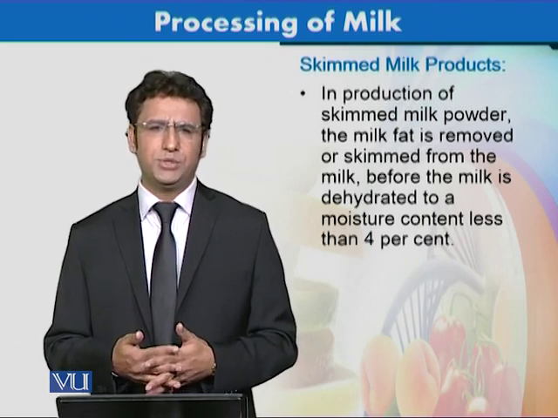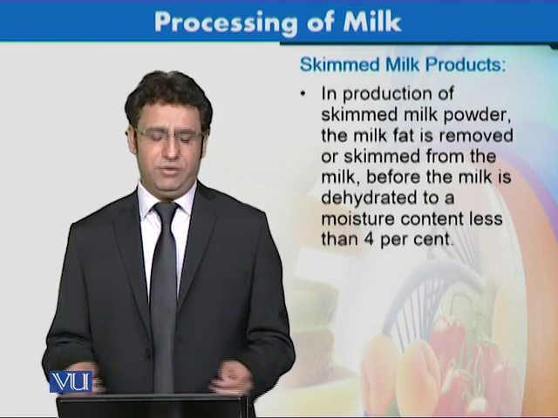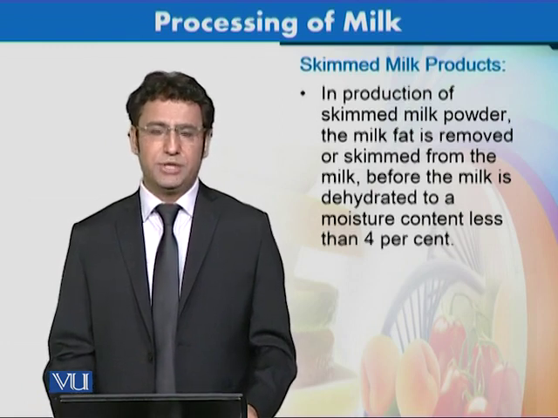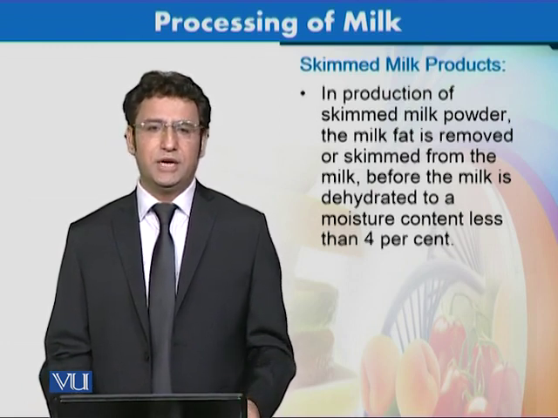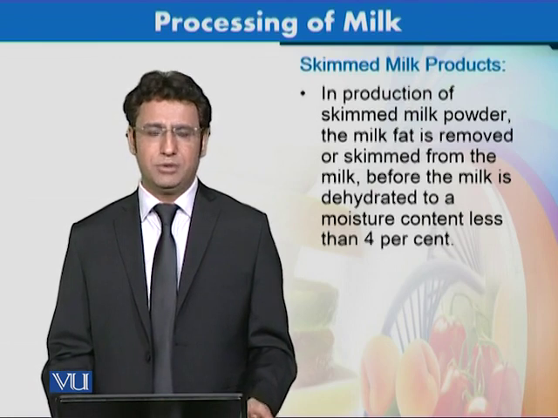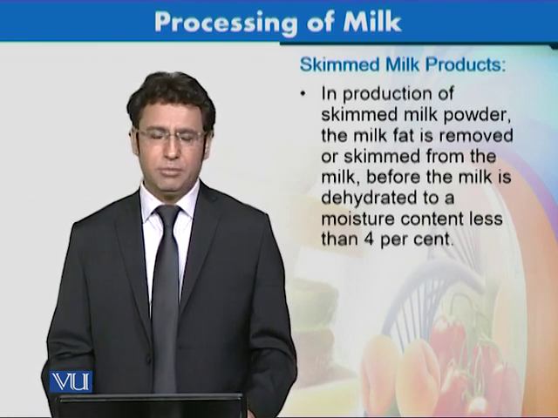The fat is removed because it does not have very good health properties. So sometimes we want to remove this fat to produce skim milk powders and skim milk products.